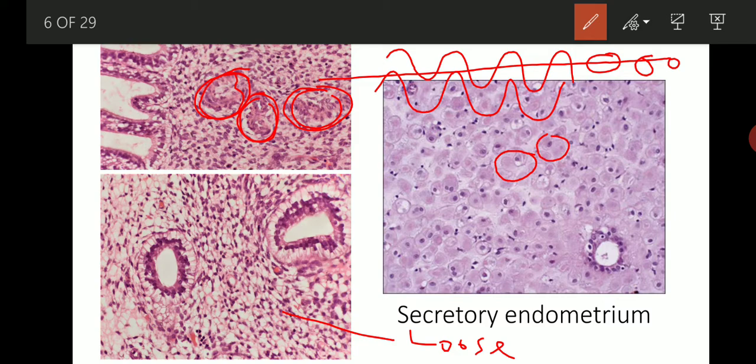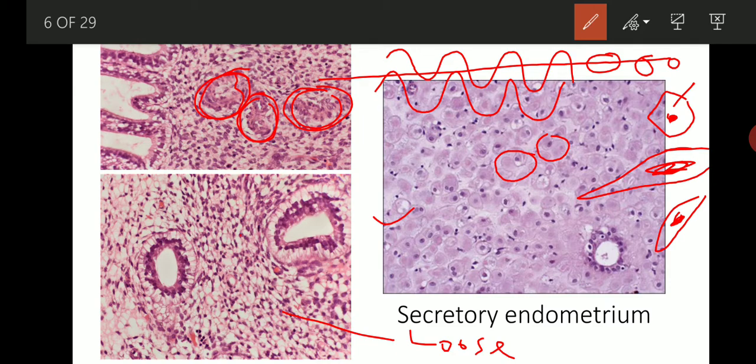The stroma, being mesenchyme, is usually spindle in shape, like this, as you have seen in proliferative endometrium and even in early phases of secretory endometrium. But gradually, under the influence of progesterone, the cells become more polygonal, have a centrally placed nucleus, and abundant eosinophilic cytoplasm that you can see here.